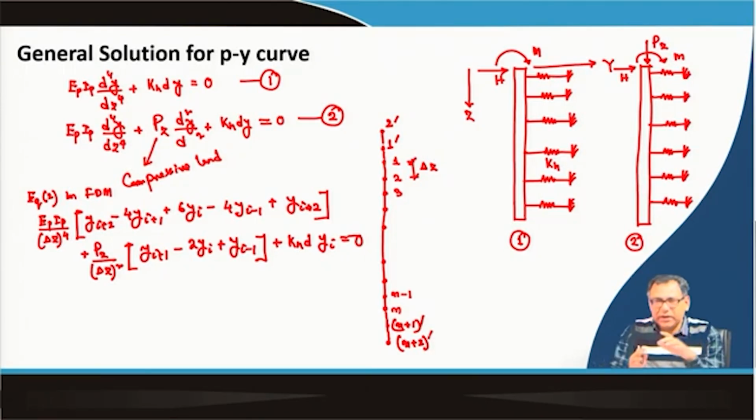Because these are not real nodes, the deflection of these nodes we have to convert to the deflection of the real nodes, and that you have to do by using the boundary conditions. Now, what are those boundary conditions? Here 4 boundary conditions will be required: 1, 2, 3, 4.